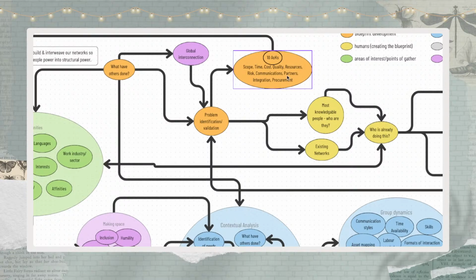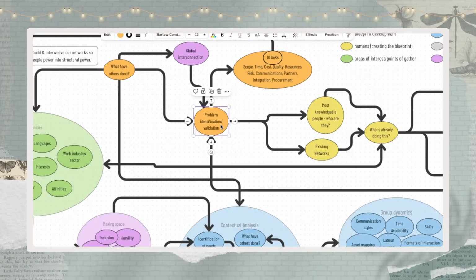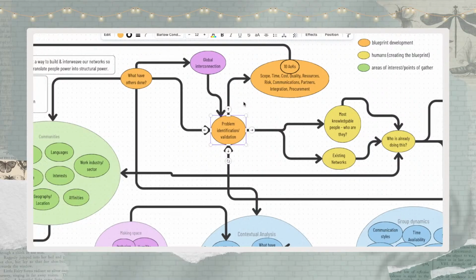And it just helps structure a project in a way that considers an overview of all of these general aspects. So once we have identified the problem, we can have a bit of planning around how we're going to pursue that project.